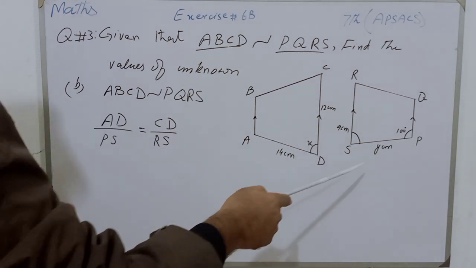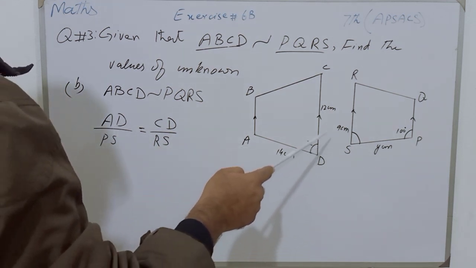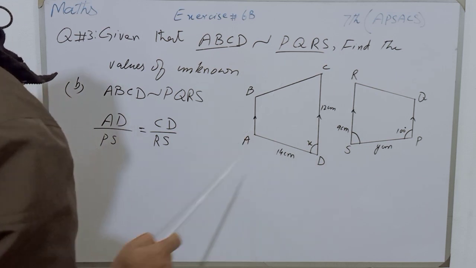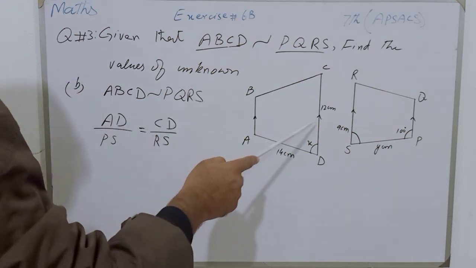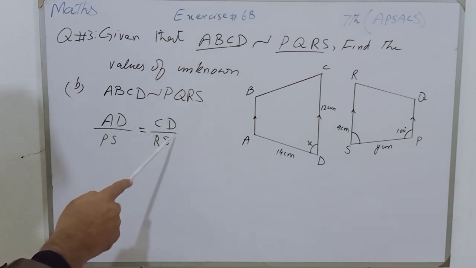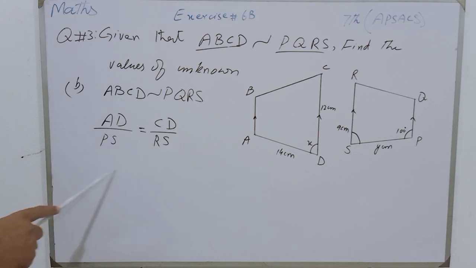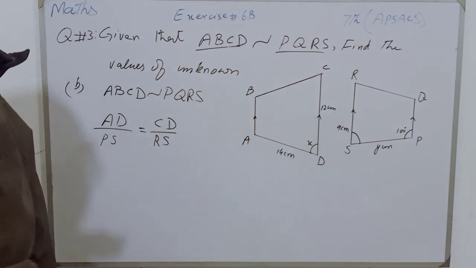Students, for finding out the value of Y, we will use the same ratio of the corresponding sides, AD over PS. AD and PS are the proportional sides, and CD and RS are the proportional sides. So the ratio of both the sides will be equal because both quadrilaterals are similar.